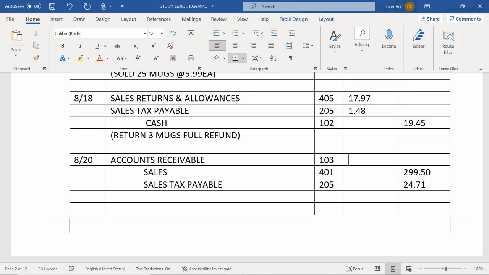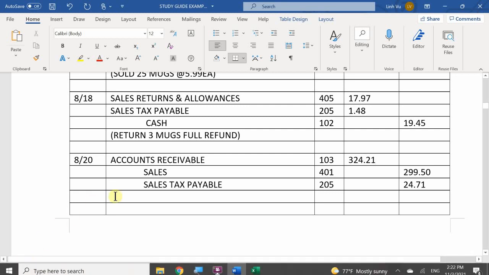We have $324.21 total accounts receivable.